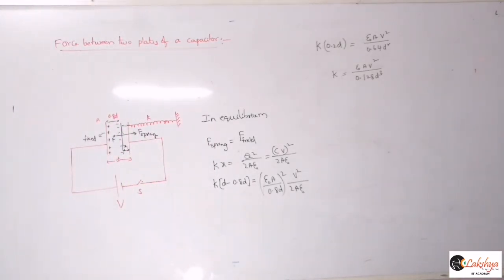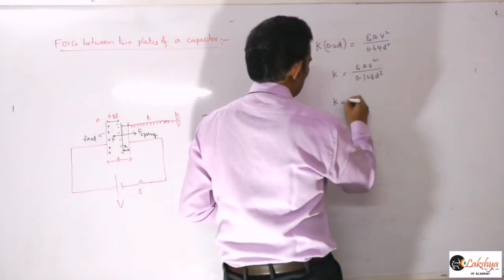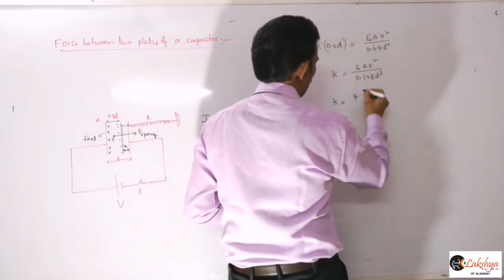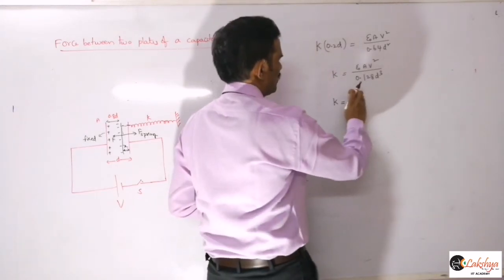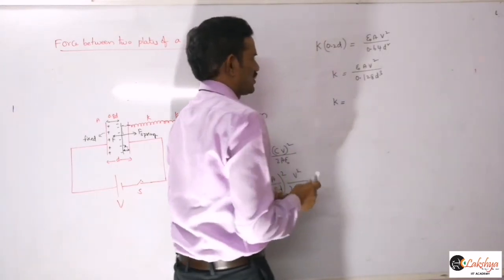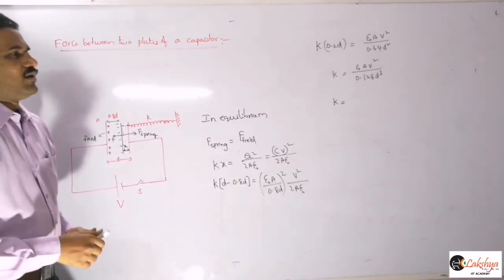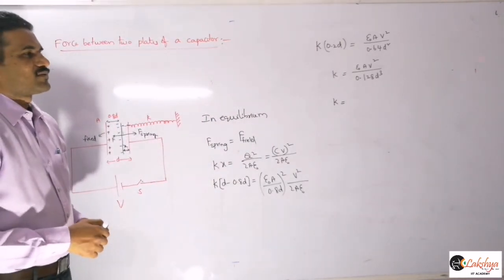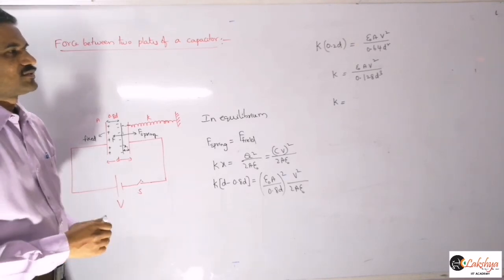But generally in the options they will give it in terms of 4. I can write this expression as 1 by 0.128, which is approximately 8, right?